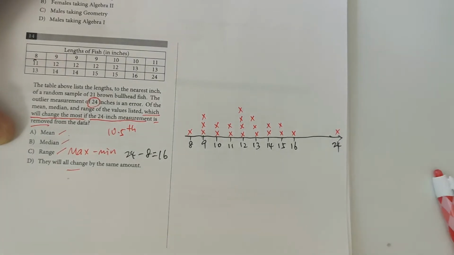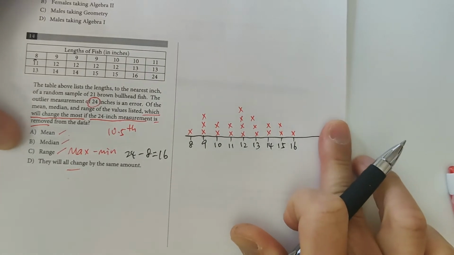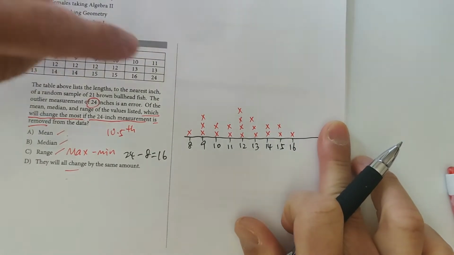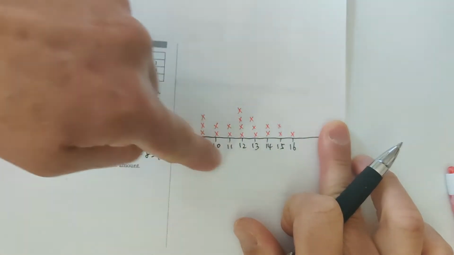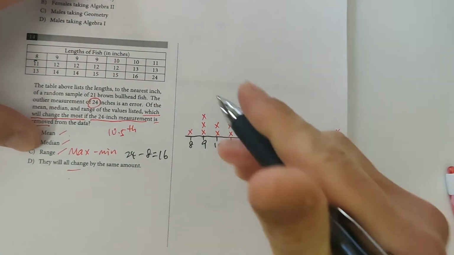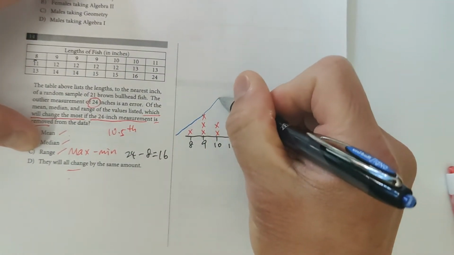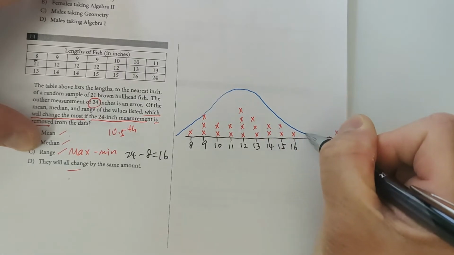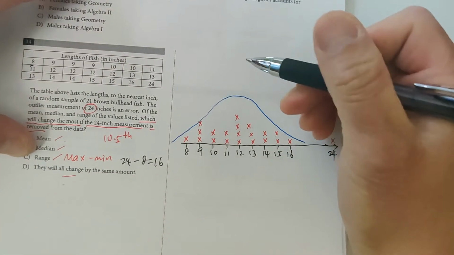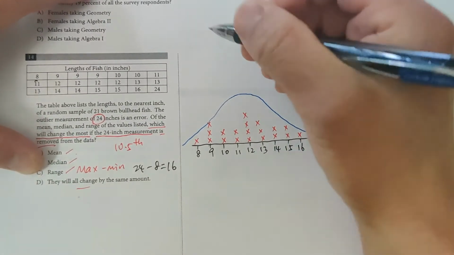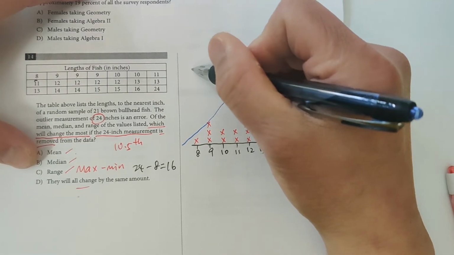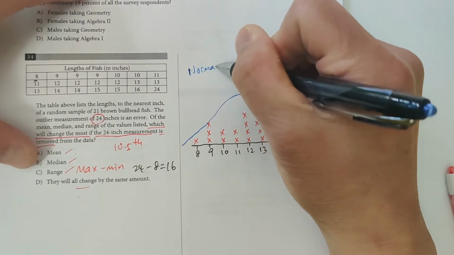Now let's just ignore the 24. By only looking at this, what do you see? You can see that it is pretty much a bell-shaped curve. The so-called bell-shaped curve, in statistics, would mean a normal distribution.